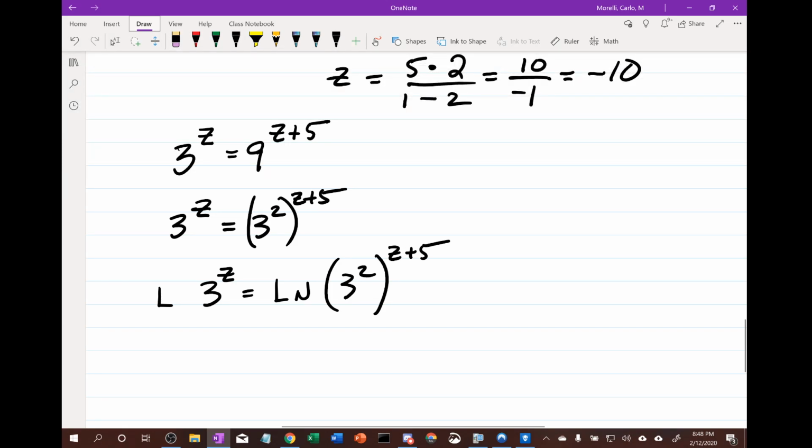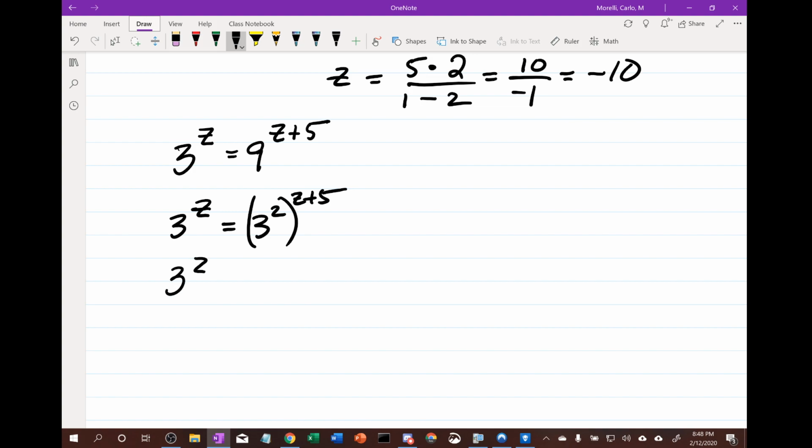So before we do this ln business, we're going to do the power rule. Now I see what he's doing. This is really clever. 3 to the z equals 3 to the 2 times 2 plus 5. So now 3 to the z equals 3 to the 4 plus 10.